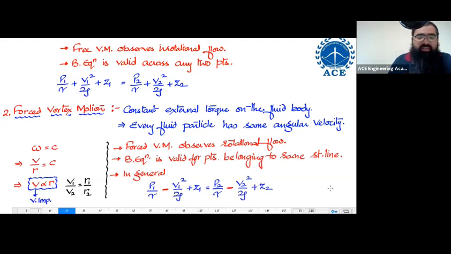Please be careful with this. If you are having forced vortex motion, in general, what you can write is P1 by gamma minus V1 square by 2G plus Z1 equal to P2 by gamma minus V2 square by 2G plus Z2. You can take a snapshot of this slide. This is regarding the concept of forced vortex motion. I'll give you examples, don't worry.